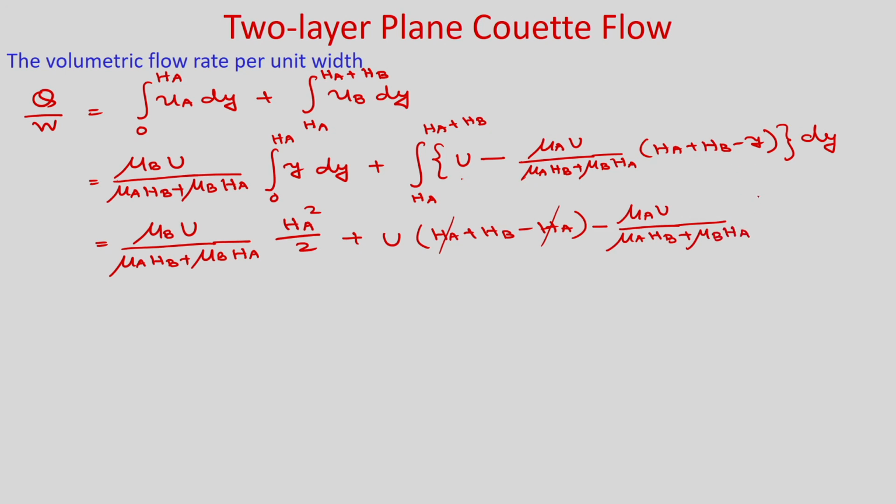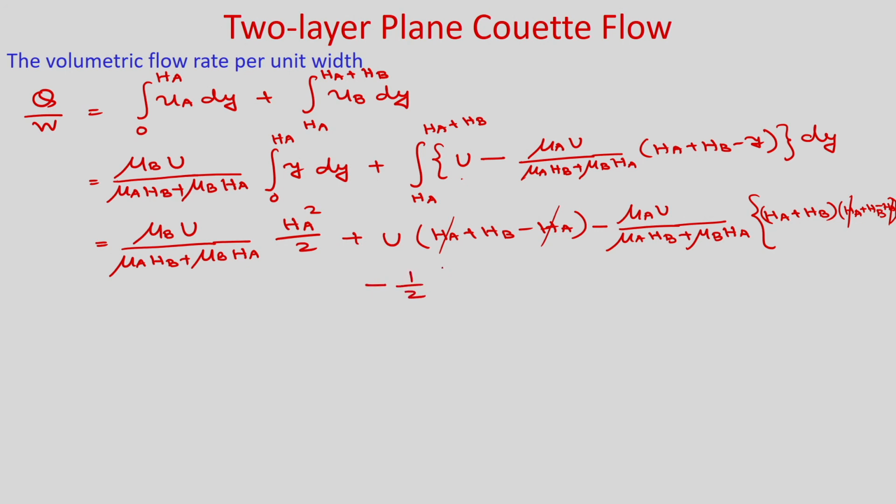So, now we can see here it will be Ha plus Hb into y, and we put the limits, so it will be Ha plus Hb minus Ha. Okay. So, this Ha will get cancelled, and here, you see, minus y is there, and it will be y square by 2. So, minus we have written here. So, it will be just minus y square by 2.